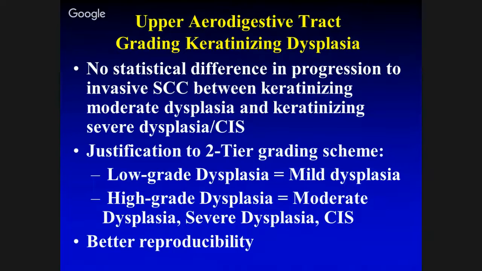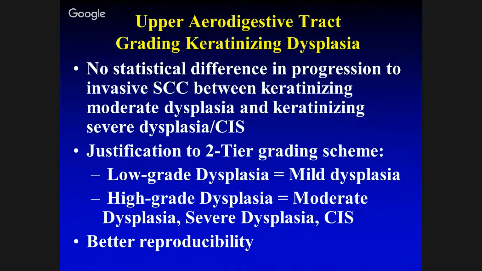This is going to be published in the updated WHO head and neck, which should come out either at the end of this year or next year. So mild is low grade, moderate and severe is high grade. On frozen, you don't need to try to distinguish moderate from severe, because if we lump it into high grade, the risk to invasive cancer is no different statistically from a moderate dysplasia or a severe dysplasia.